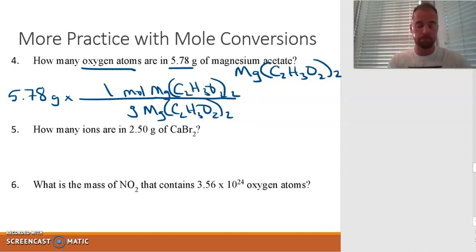Well, here's how you figure it out. Magnesium, there's only 1 magnesium. This 2 right here corresponds to all of the atoms inside, so there's double the carbon, double the hydrogen, double the oxygen. But the magnesium, there's just 1. So that is 24.31 plus, how many carbons are there? There's actually 4, right? So I'm going to do 12.01 times 4 plus, how many hydrogens?